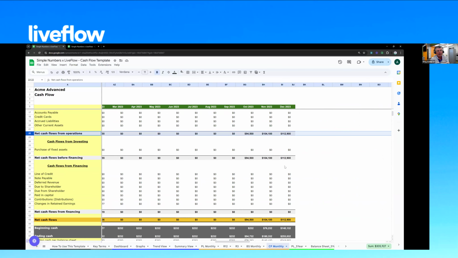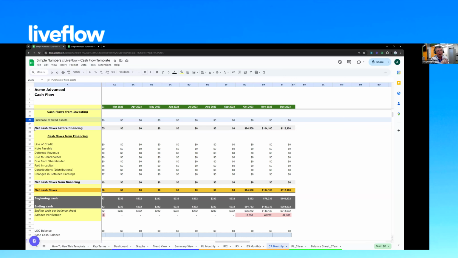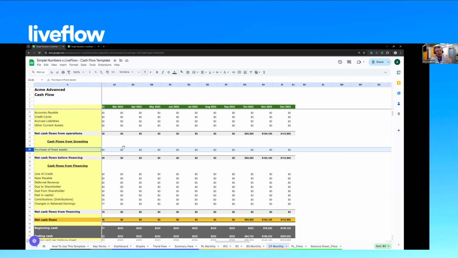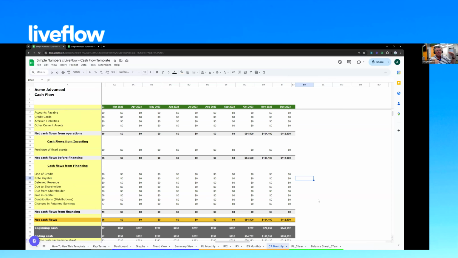If you're a fixed asset heavy business, I'm going to look at line 26 to make sure, am I purchasing fixed assets, that I've got to have enough profitability to eclipse that appetite for equipment. So EBITDA might be a good measure from a profitability standpoint, but if I have heavy equipment, depreciation becomes a real number at some point. And so you've got to pay attention there.